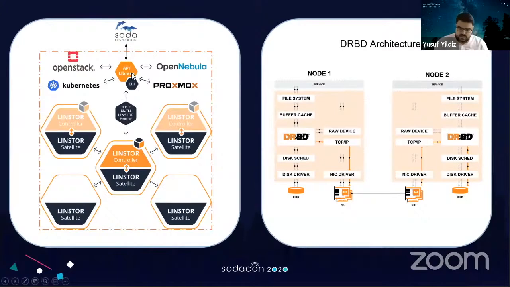And when it's done, the LINSTOR controller, which is stateless, sends a request to 2 of the satellites, which it finds appropriate, and creates that VM disk in 2 of these nodes here. So it basically creates a 2-way replica VM disk in this cluster and connects it to the hypervisor automatically.